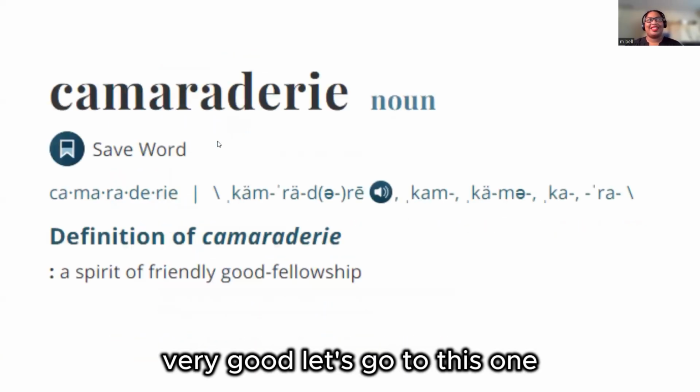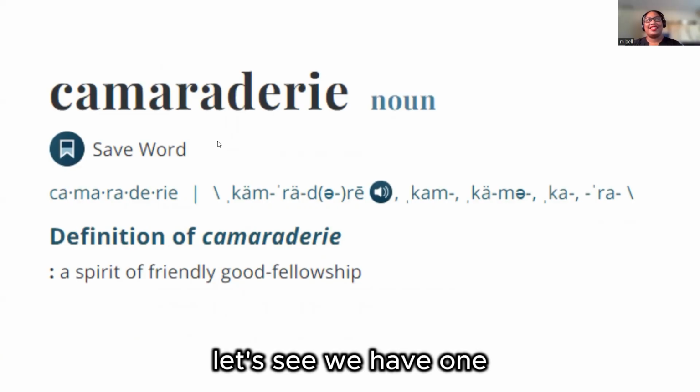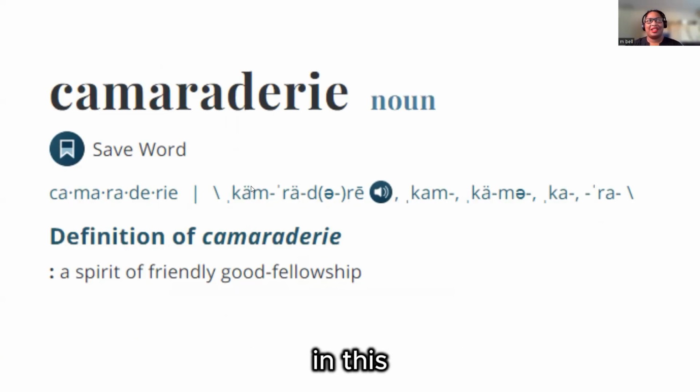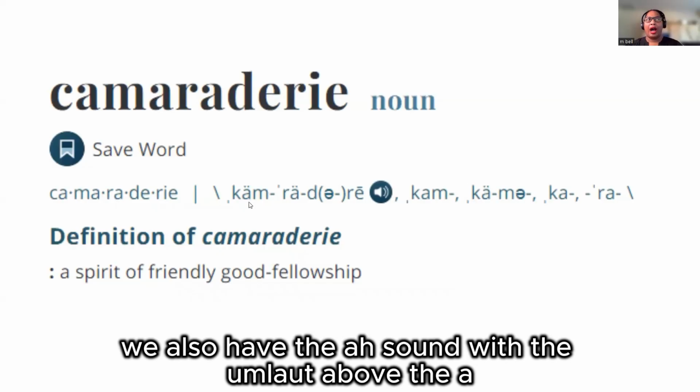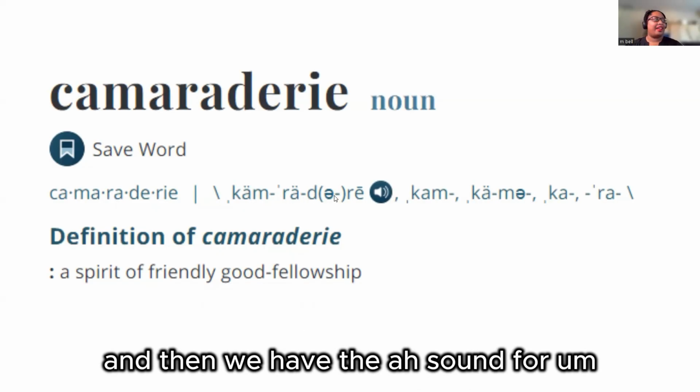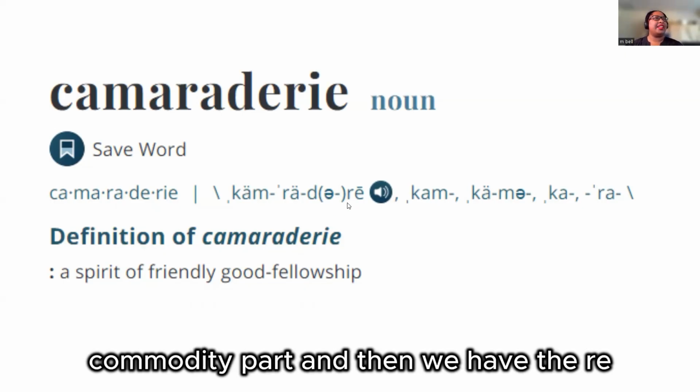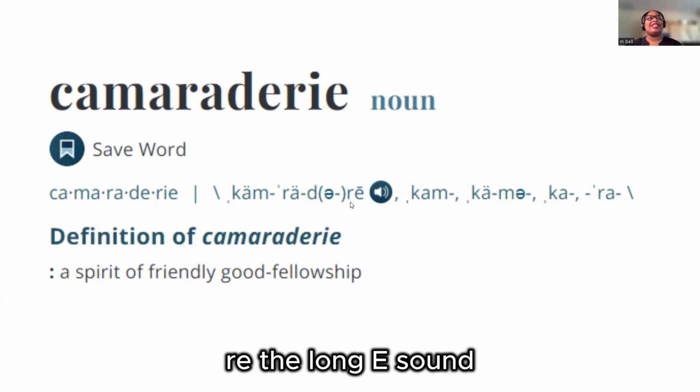Let's go to this one. We have 1, 2, 3, 4, 5 syllables in this. We also have the "ah" sound with the umlaut above the A. And then we have the sound for camaraderie part. And then we have the long E sound.